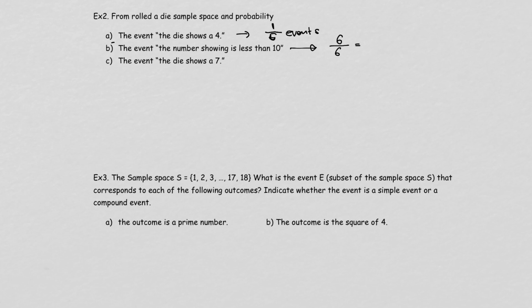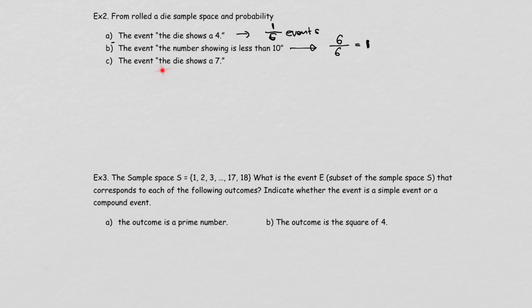So it gives you 6 out of 6, which is going to be 1. So when you're looking at probabilities, 1 is going to be the highest and 0 will be the smallest. When you do the percentage, 100 is highest and 0 is the lowest, right?